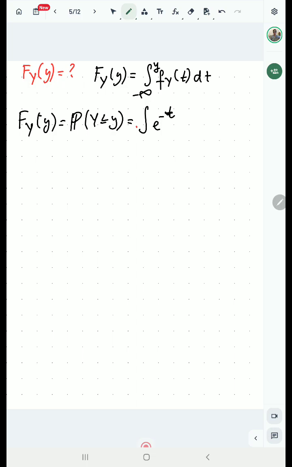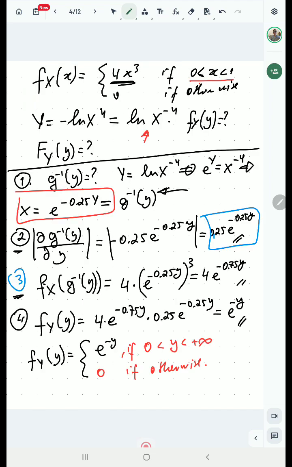We replace y with t because we're going to integrate from minus infinity to some y, dt. If you take the integral, that gives you -e to the power -t, and then you have to evaluate it from minus infinity to y. But here, pay attention to one fact: the PDF is varying between 0 and positive infinity.